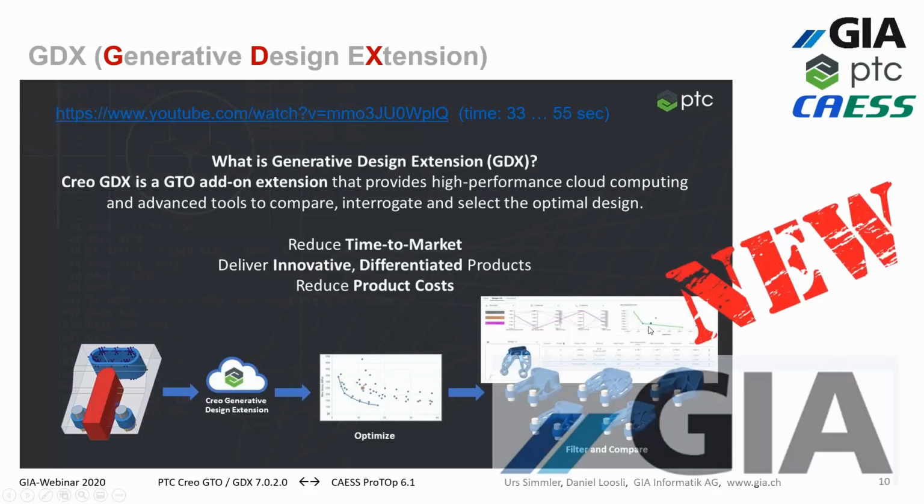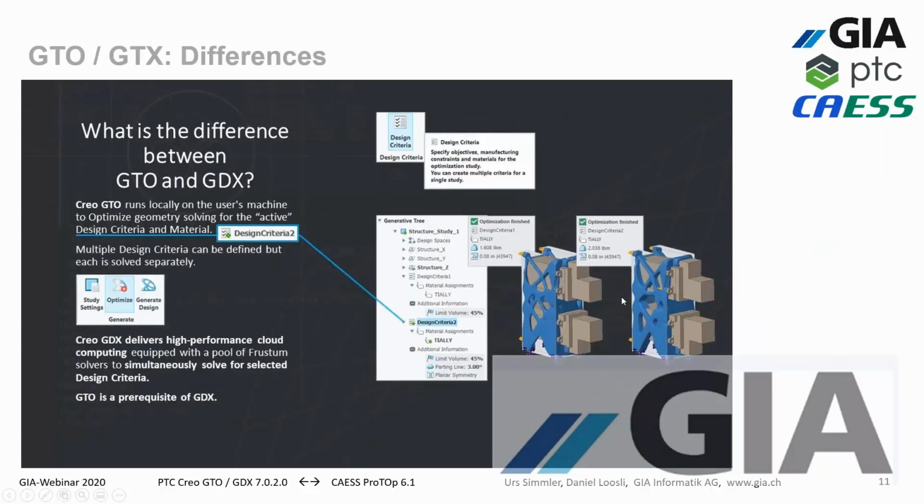Okay, this is new, only available in 7.0.0. But both of these products have the same target. They want to optimize and deliver high performance products, and of course with the help of the cloud we can do much more variants, and in the end we can choose the best one of that one.